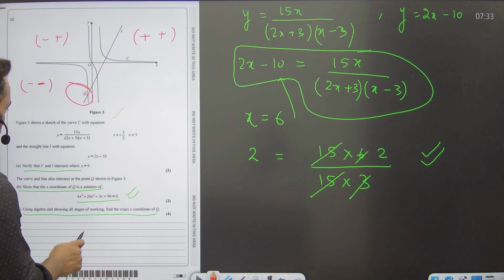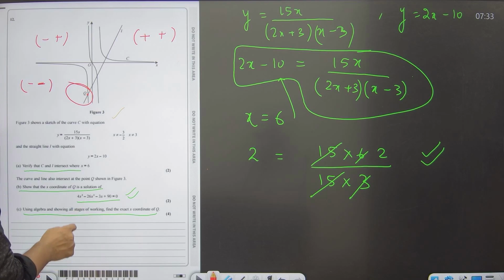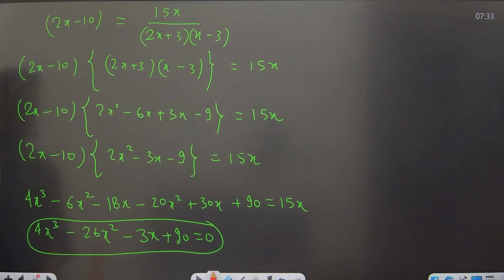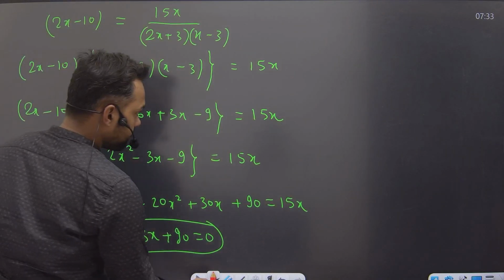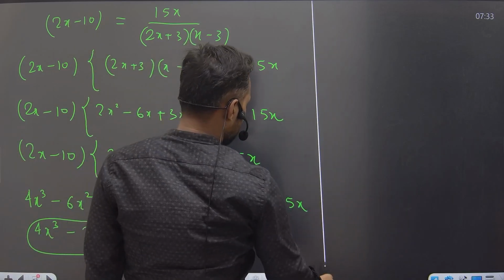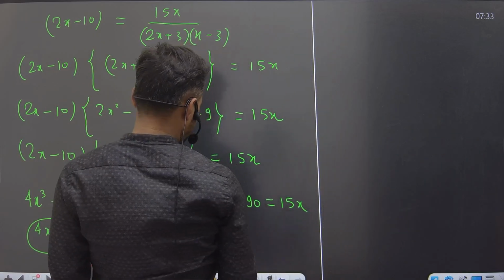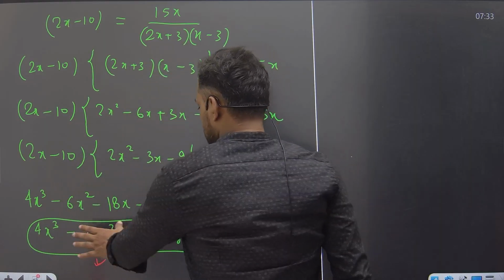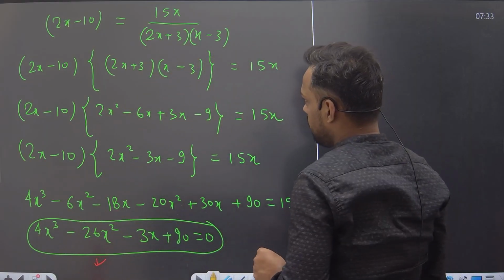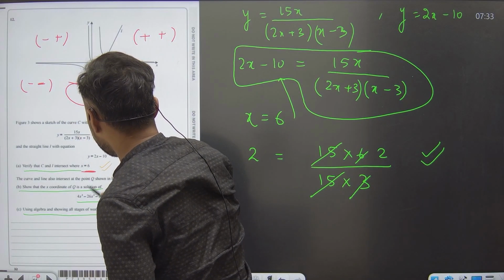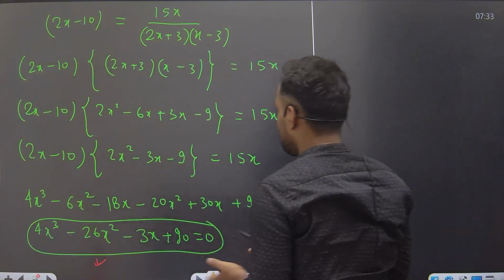Okay, see here, x equals 6 was the point where they both were intersecting, and this is the particular equation which we have got. In the question it was told that at x equal to 6 the line was intersecting with the curve.